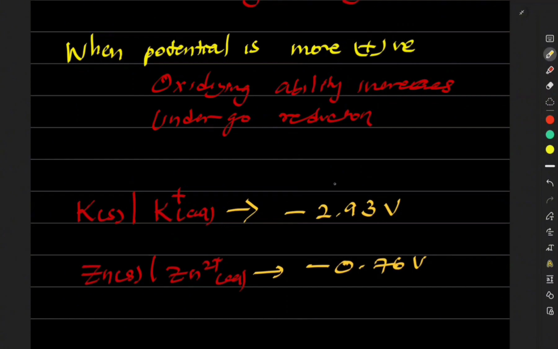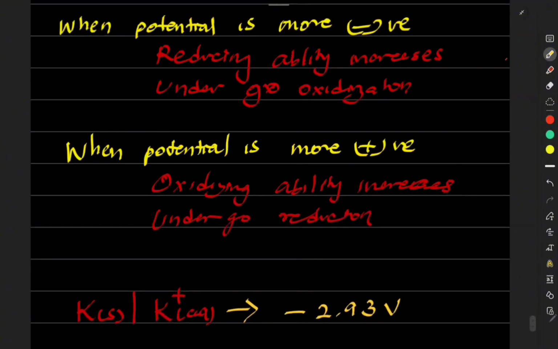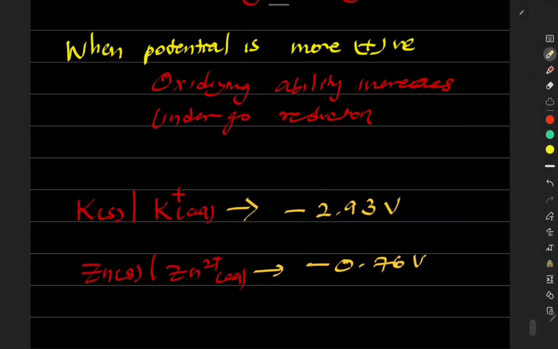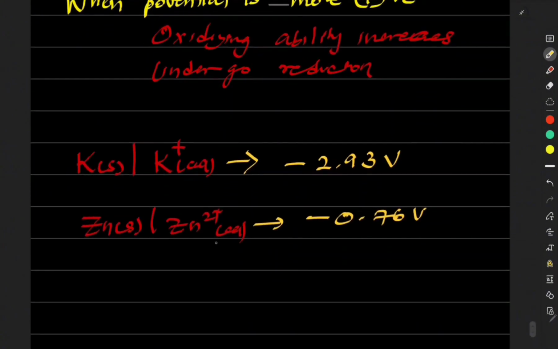Potassium is more negative, which means it undergoes oxidation, and therefore zinc will undergo reduction if the cell contains a potassium electrode and a zinc electrode.